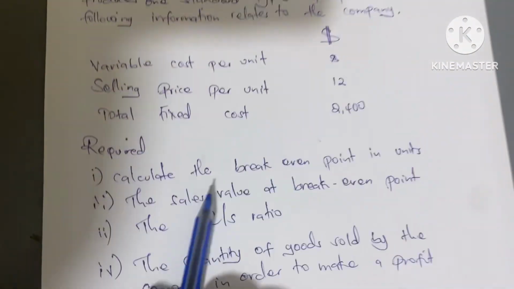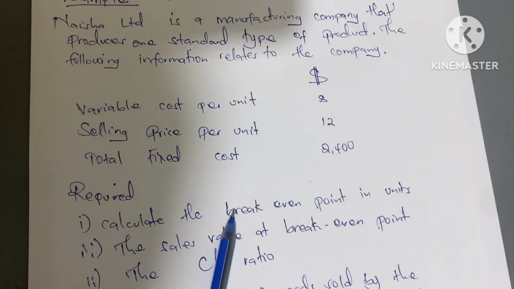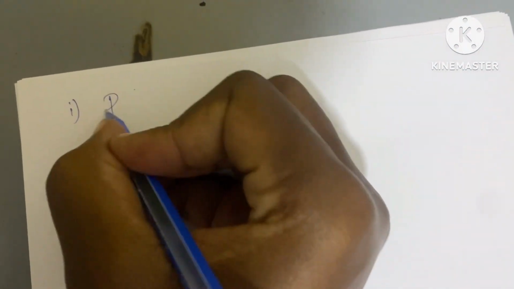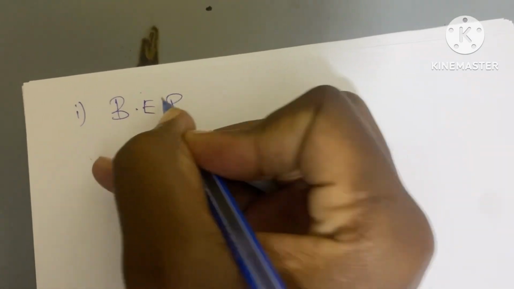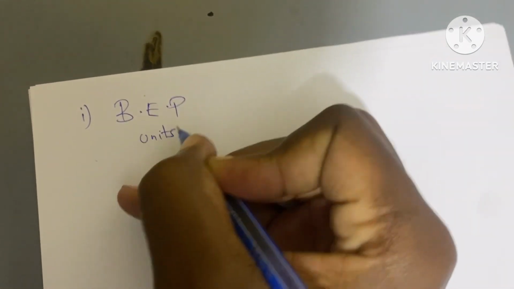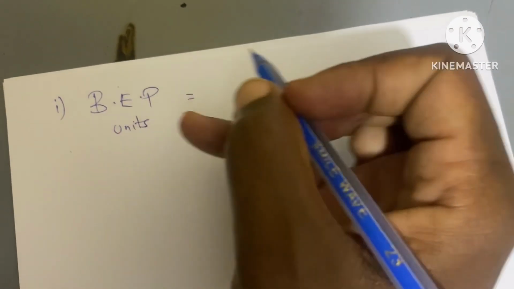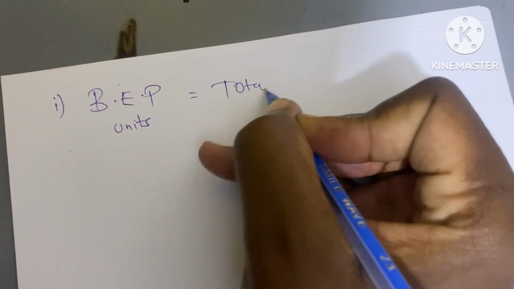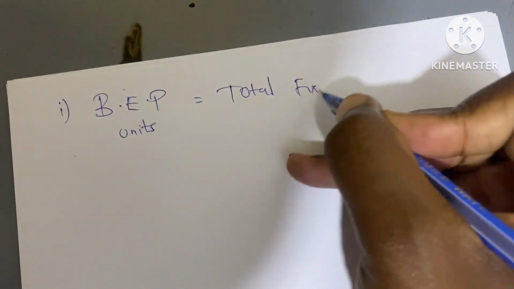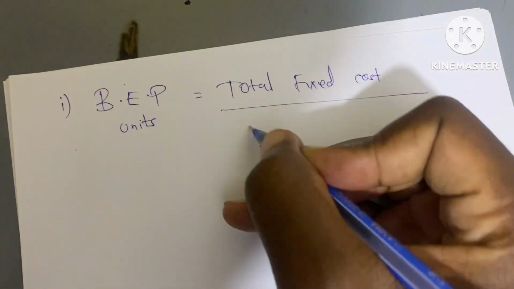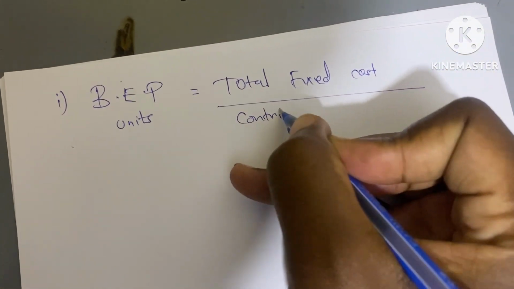So the first one is to calculate the break-even point. So we are going to start with that. So Roman 1, they want us to calculate the break-even point in units. Break-even point in units, it is total fixed cost divided by contribution per unit.